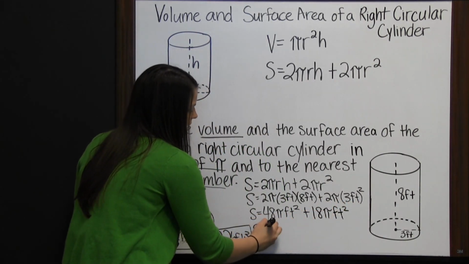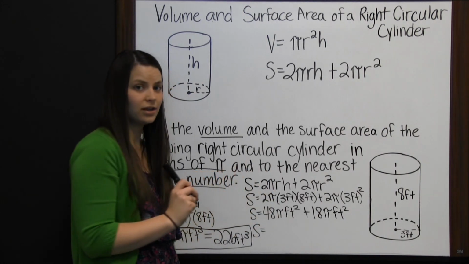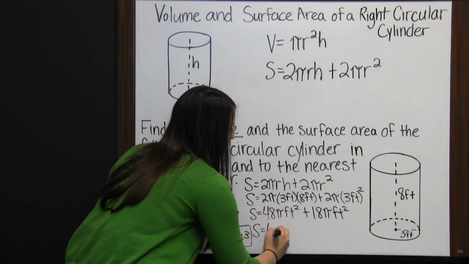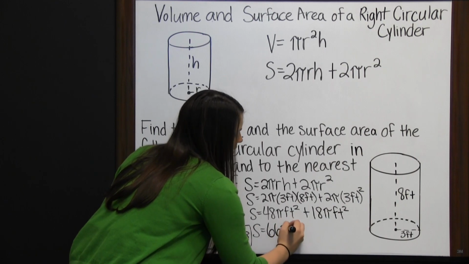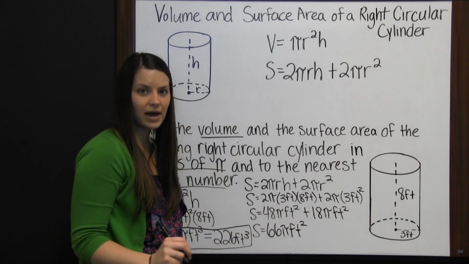Then we can combine our like terms, 48 pi feet squared plus 18 pi feet squared, and that gives us 66 pi feet squared. So there's our answer in terms of pi.